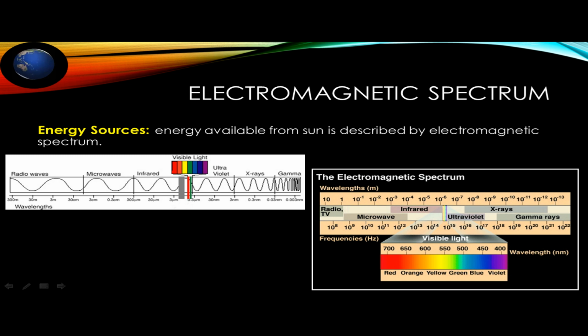So please focus on this figure of the electromagnetic spectrum. Here we can see the frequency or the wavelength in nanometers. The visible light lies from 400 nanometers to 700 nanometers, like VIBGYOR: violet, blue, green, yellow, orange, red, which we are able to visualize with our naked eyes.